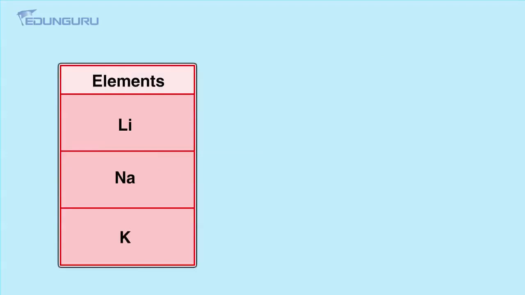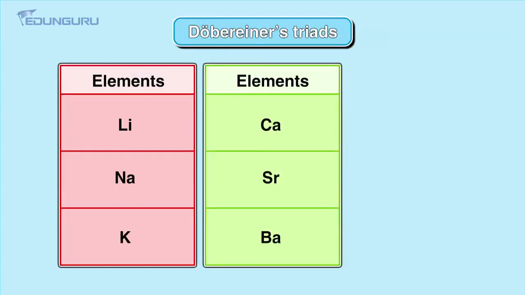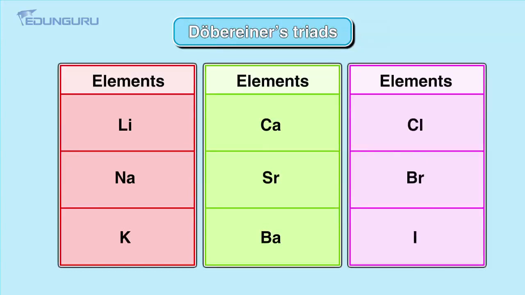He could identify 3 such triads, that is lithium, sodium, potassium; calcium, strontium, barium; and the third triad chlorine, bromine, iodine. Now, the problem was that he could only identify 3 such triads and he could not classify all the elements known at that time into the triads.